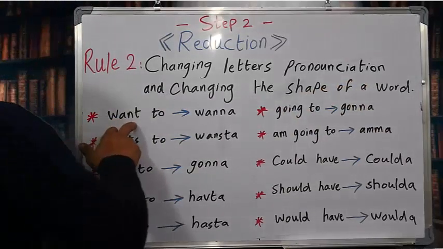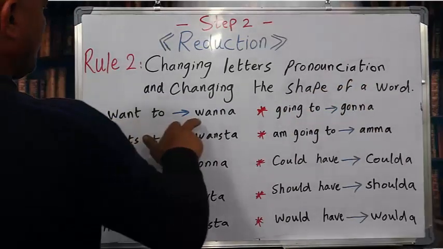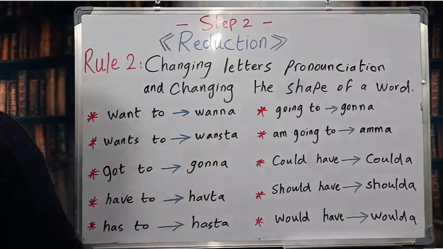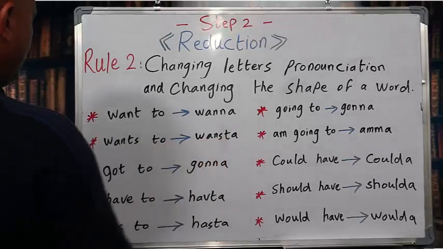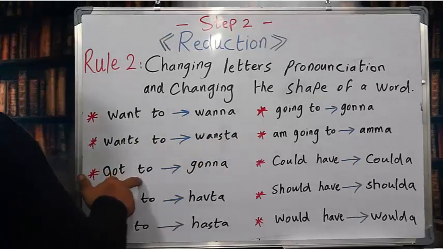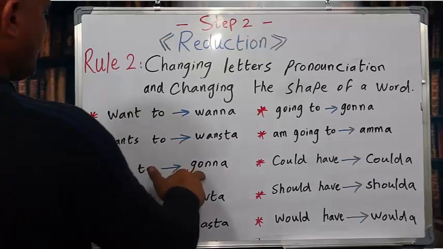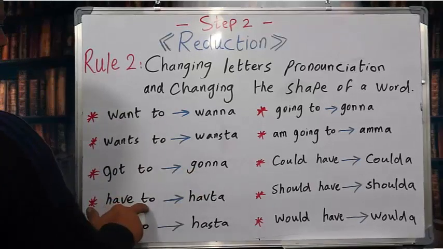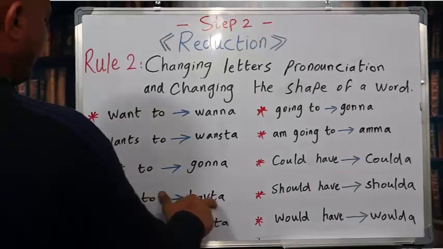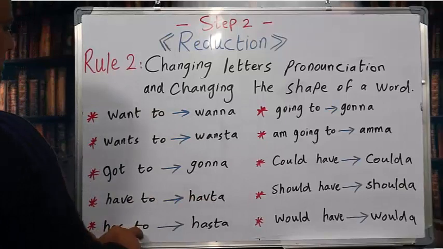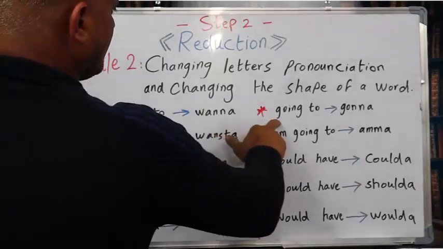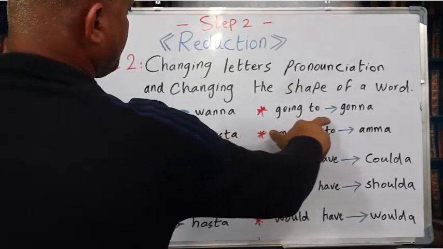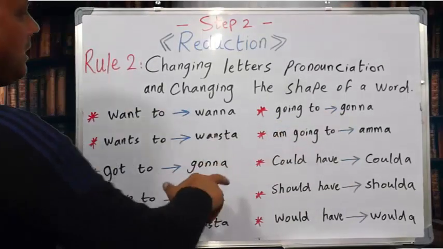So want to becomes wanna. Wants to becomes wantsta. Got to becomes gotta. Have to becomes hafta. Has to becomes hasta. Going to becomes gonna.